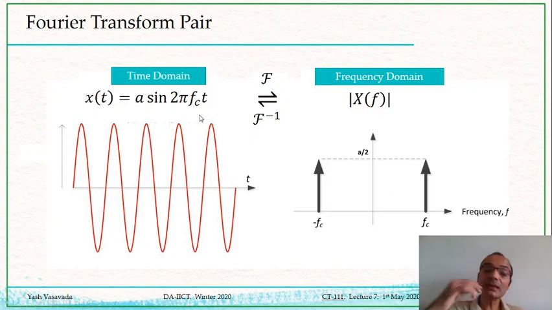The signal itself doesn't say that I have only time domain representation. The signal also doesn't say that I have only frequency domain representation. The signal is a signal, it's a physical entity.